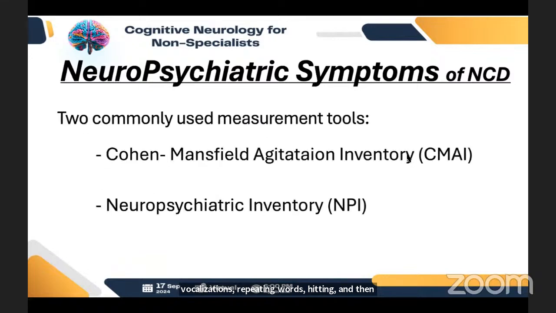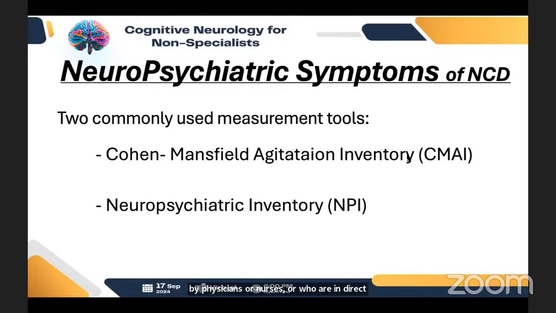I would just like to mention two measurement tools that you have to be familiar with if you read the literature behind Alzheimer's disease or dementia. Those measurement tools are usually administered by physicians or nurses who are in direct contact with patients.